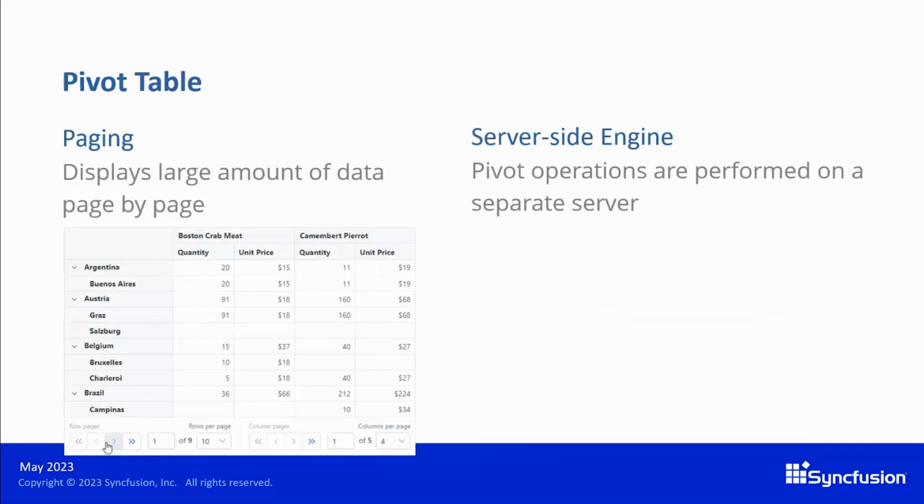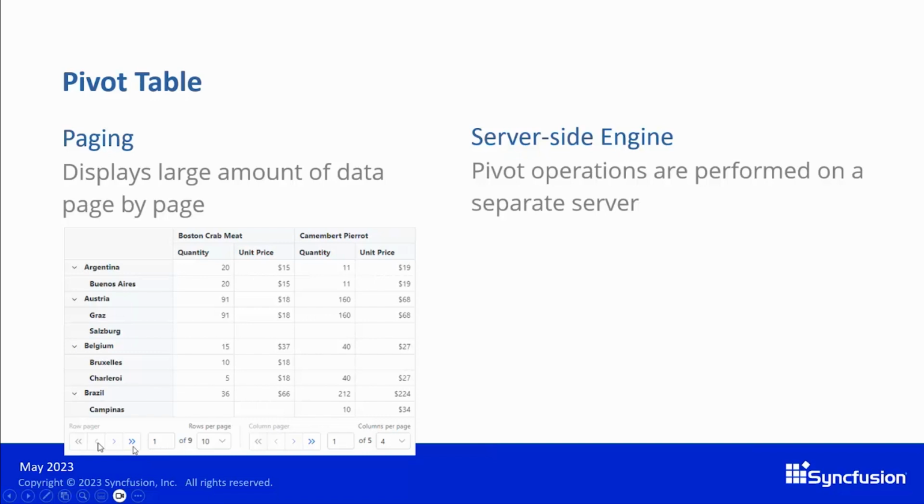And next to the pivot table component, we have added paging support. The paging support is a little bit different when compared to the grid component. Here you can see two pages, one for rows and another for columns.